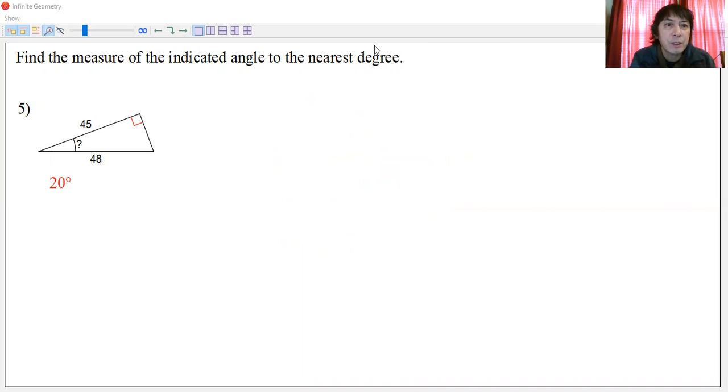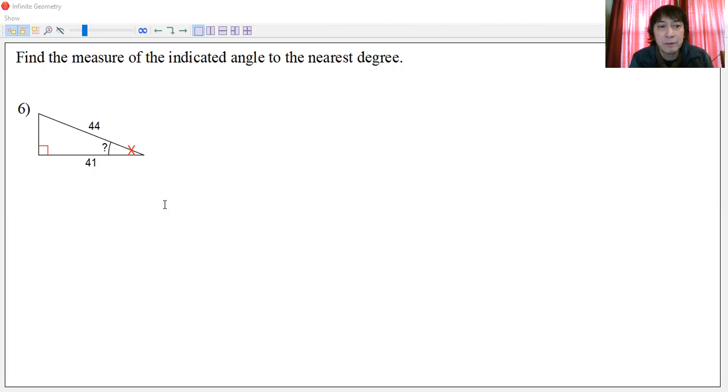Let's proceed to number 6. Here is number 6. Find the measure of the indicated angle to the nearest degree. Examining the diagram, we have the question marked angle. This will be marked X. And what we have is the hypotenuse 44 and adjacent side 41.